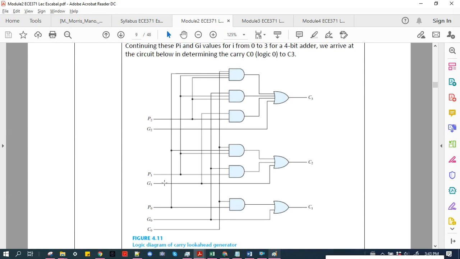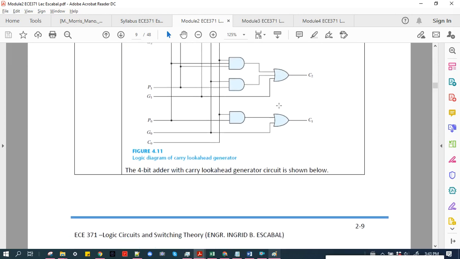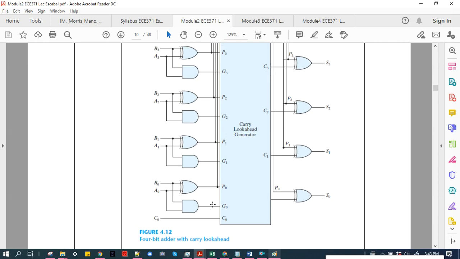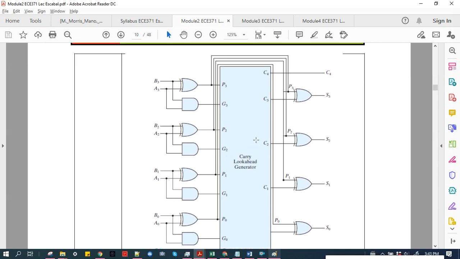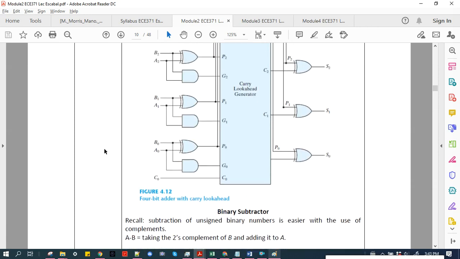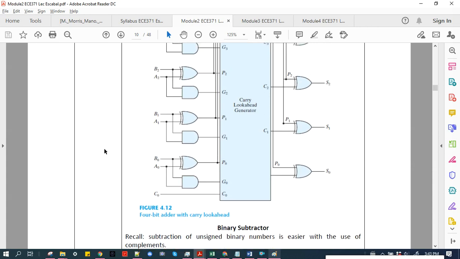Therefore, the propagation delay of this circuit for the bit adder with carry look ahead generator is 1, 2, 3. We know that there are two logic gate levels here. So 1, 2, 3, 4.